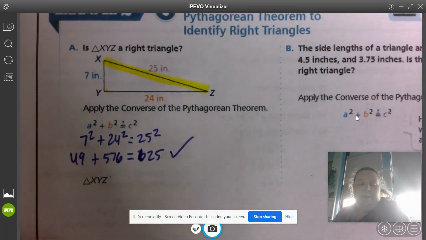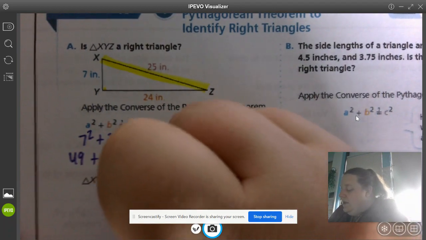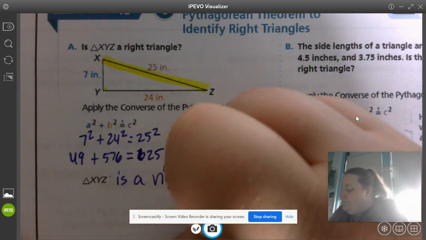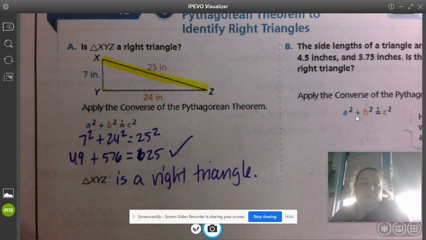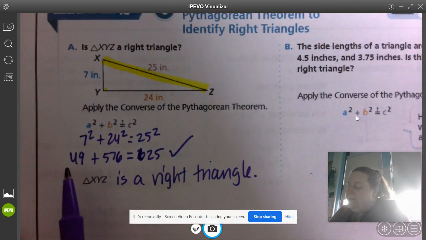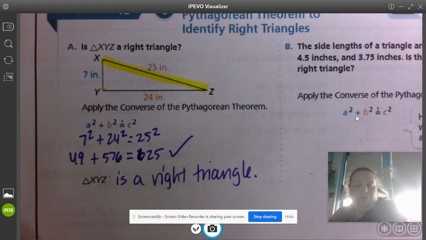That does work. So that means triangle XYZ is a right triangle. So when the sum of the squares of the legs, or smaller sides, equals the square of the largest side, then it's a right triangle. If it doesn't work like in our previous example, then it's not.